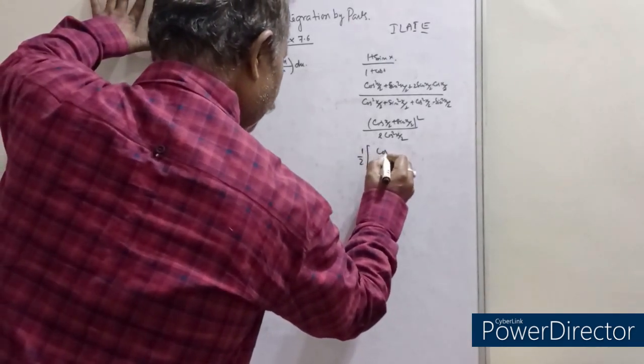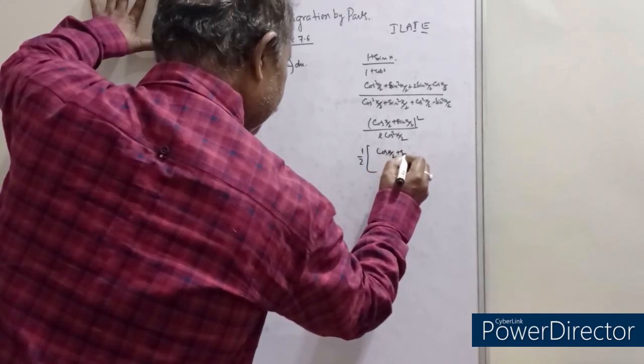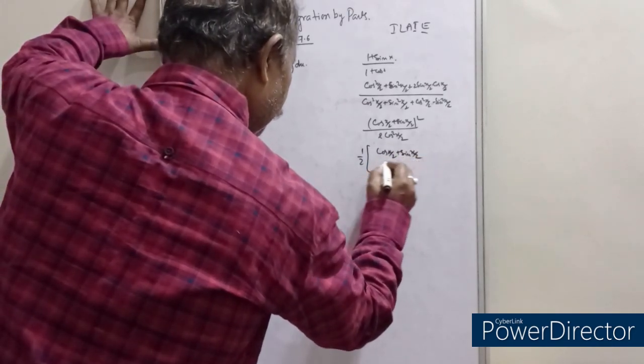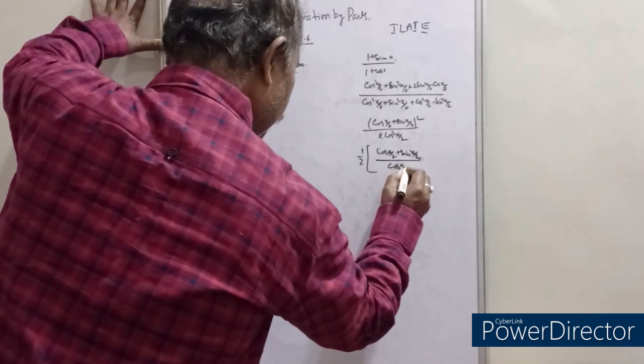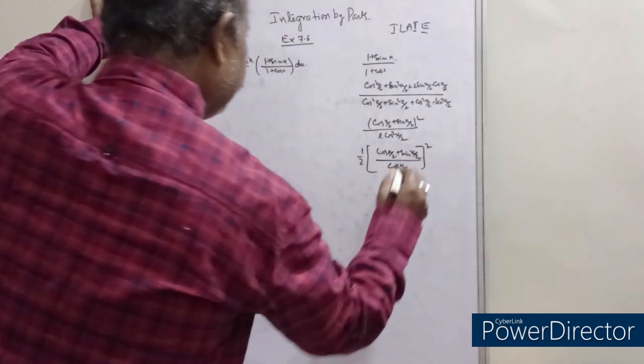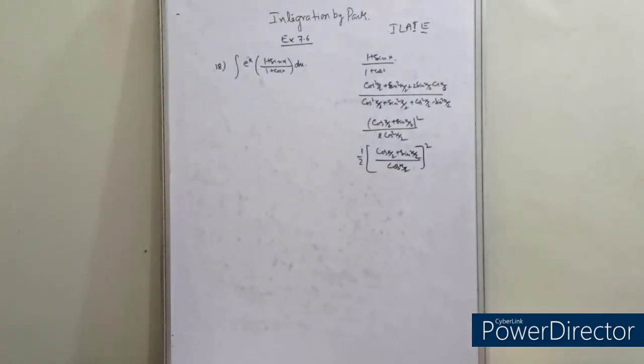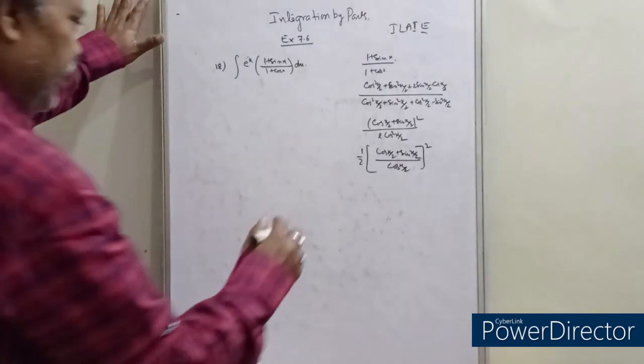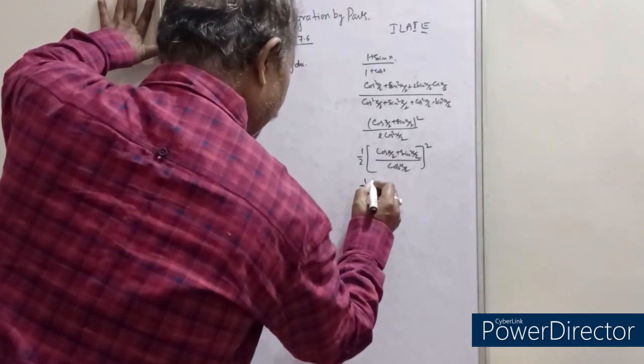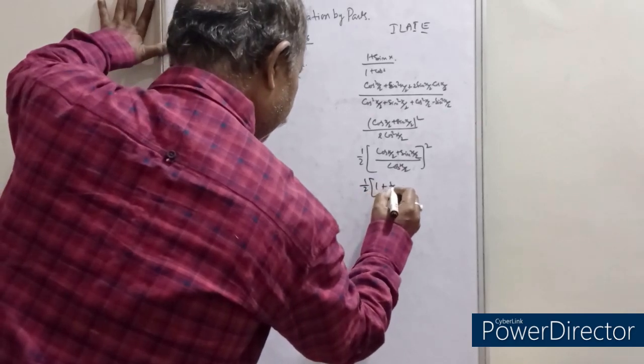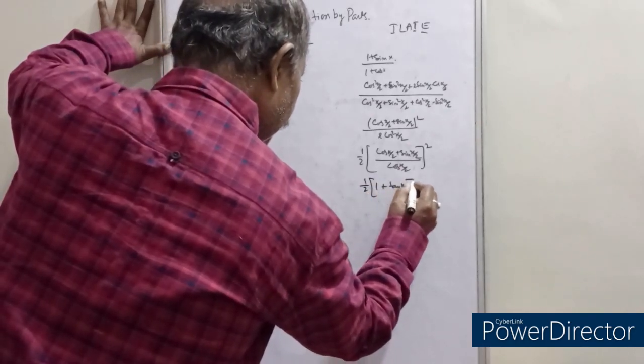So this will be cos x by 2 plus sin x by 2 by cos x by 2, the whole square. Now this can be further simplified as 1 plus tan x by 2 the whole square.